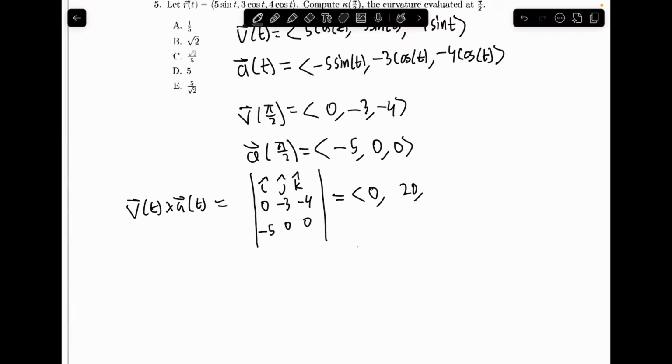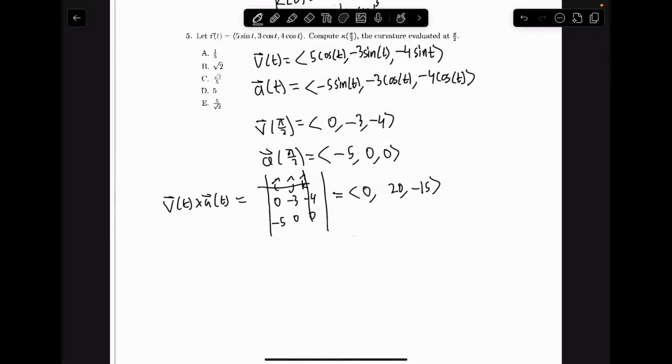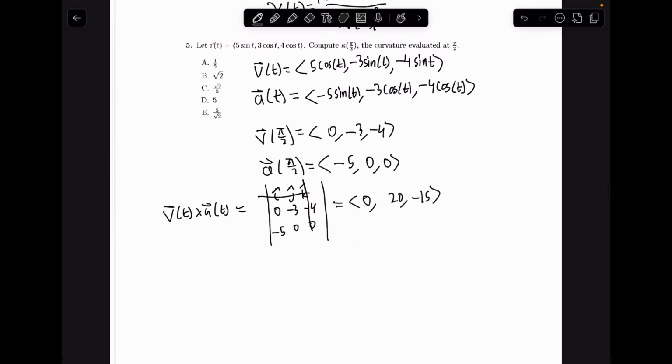I don't think it's going to matter here, but it's still important to get that right. Last component, 0 times 0 minus -5 times -3, or -15. Okay, cool, so we're done with that. Getting the magnitude of that is going to be a little bit onerous, but we're okay here.